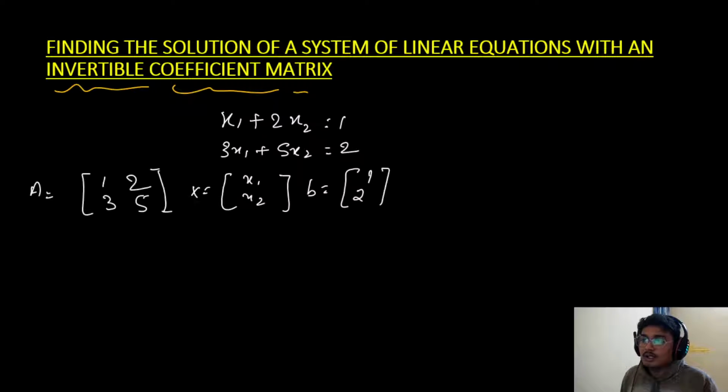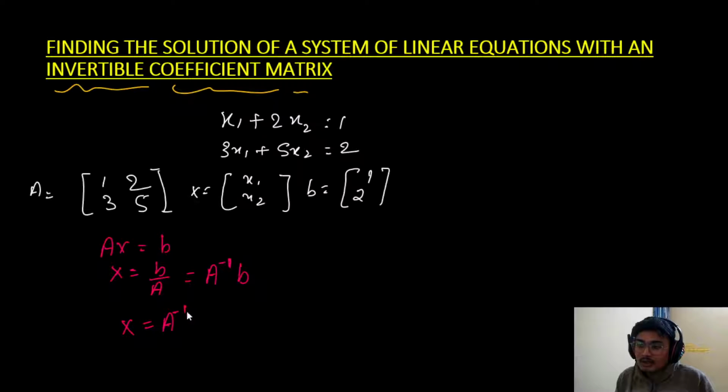Now we know that we have AX equals B, so we have to find X. This will be nothing but B upon A, and that we can also write as A inverse into B. So if we want to find X, we have to find A inverse into B.